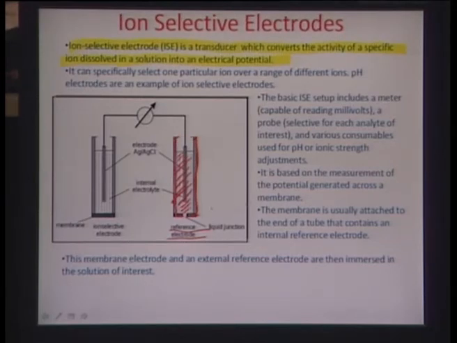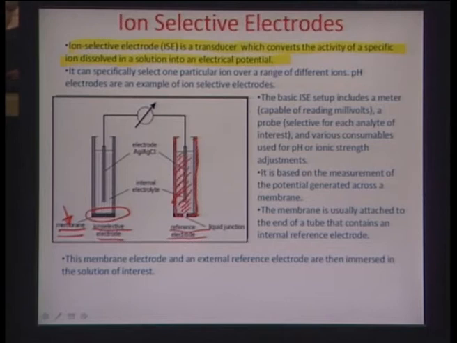And the ion selective electrode essentially is a kind of copy of the same with an exception that instead of the liquid junction you now have a membrane here which is selective to an ion of interest.